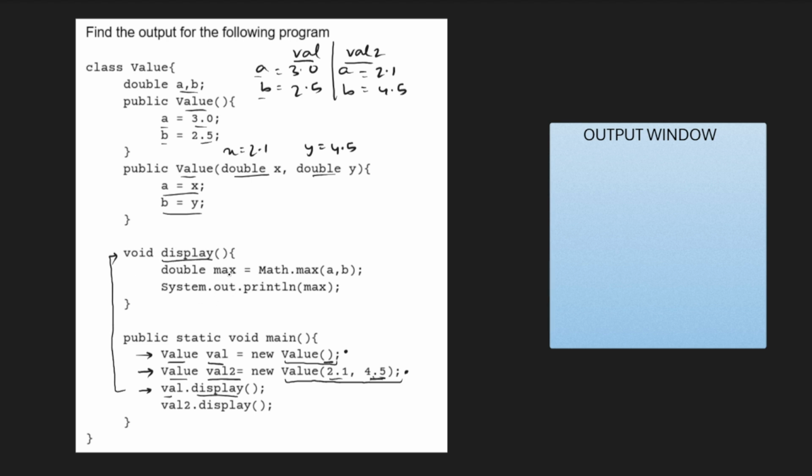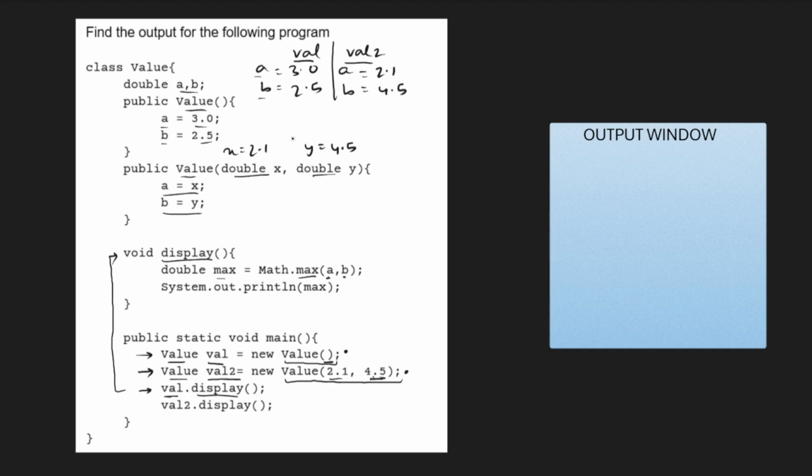In the display method, we have a variable called max. This is a variable of the double data type. And we're setting this to math.max a, b. Basically, we're using the max method of the math class to find the larger value in the variables a and b. Since I'm calling the display method using the VAL object, we're going to be using the variables a and b of the VAL object.